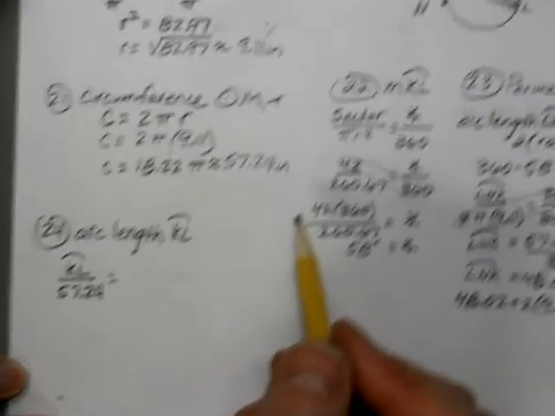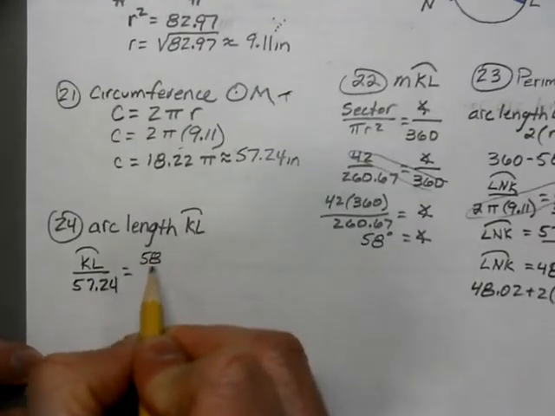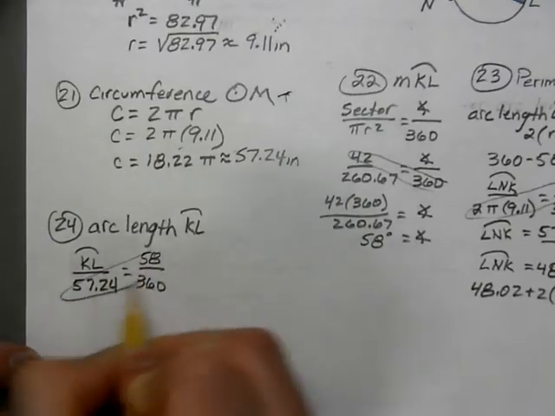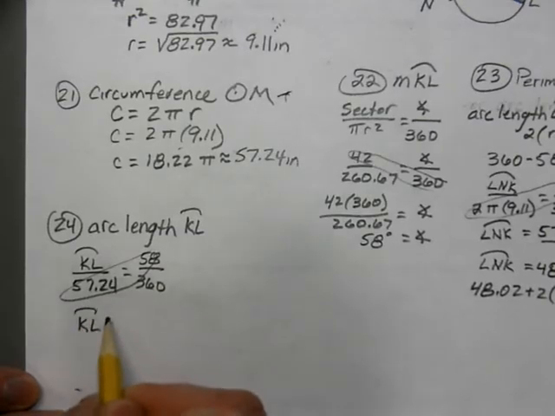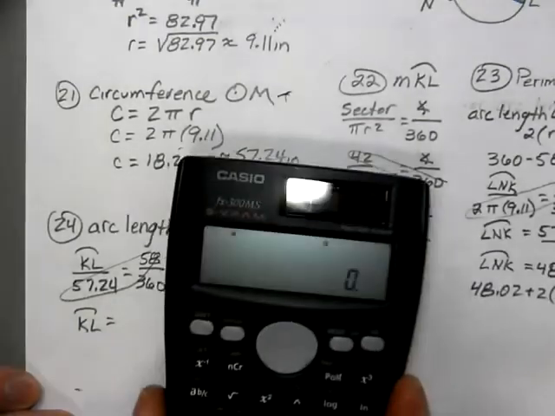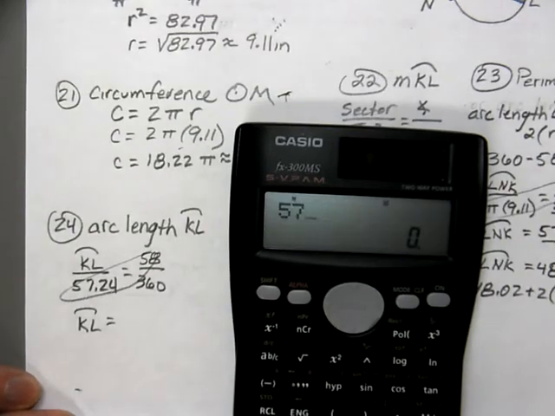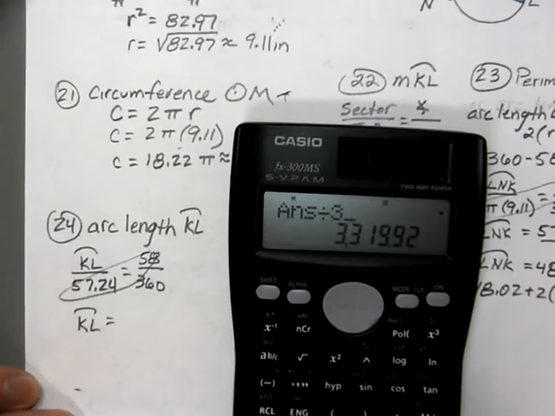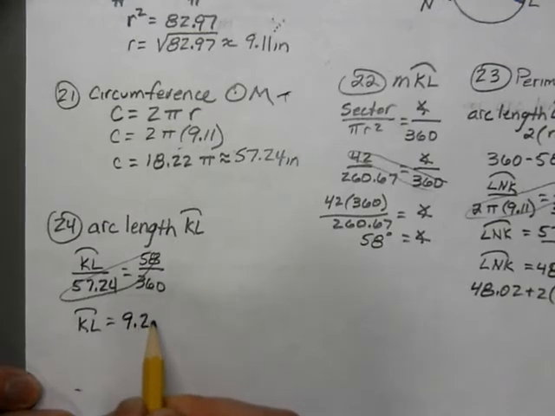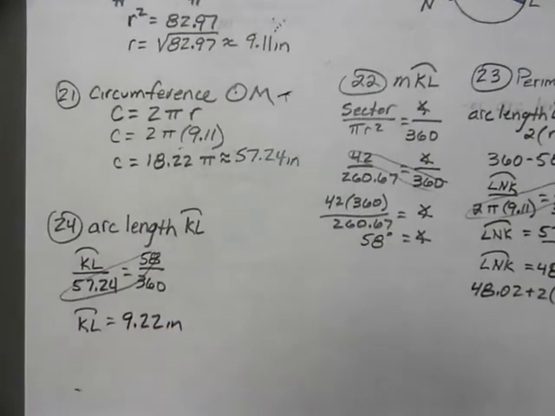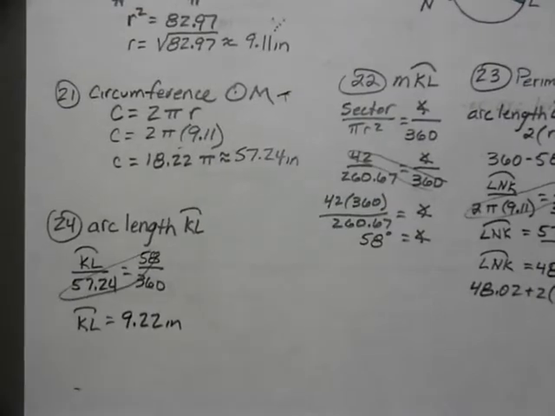The angle of that shaded region is 58 over 360. So arc length of KL gives us 57.24 times 58, and we divide that by 360. And arc length is a distance, so it is not squared, it's not area.